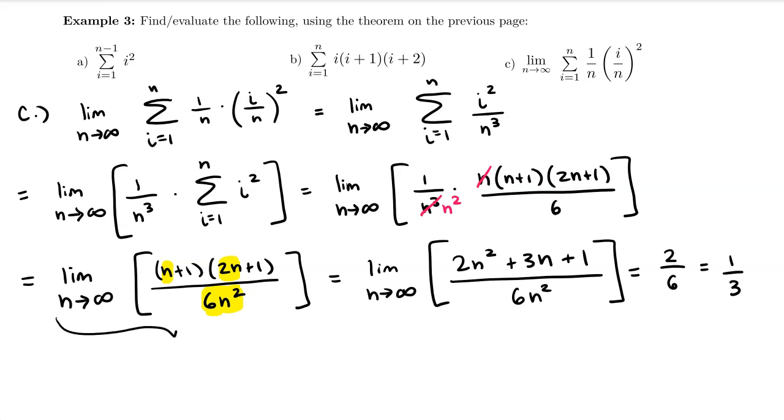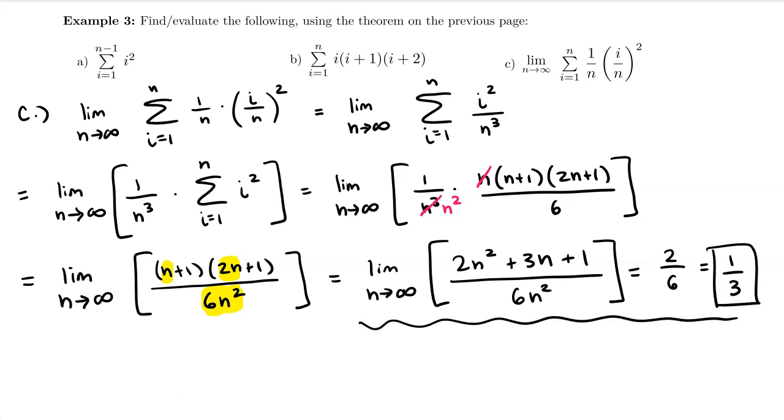So essentially, I'm going to have 2n squared over 6n squared, and the n squareds, because they're the highest powers in each the numerator and denominator, would give me 2 over 6, which is equal to 1/3. So that's kind of a shortcut on how we could have arrived there. But without the shortcut, this is the longer way, and we get that our final answer for part C is equal to 1/3.